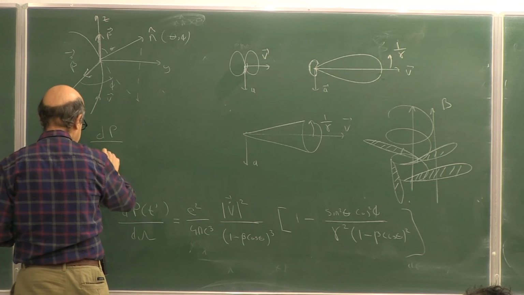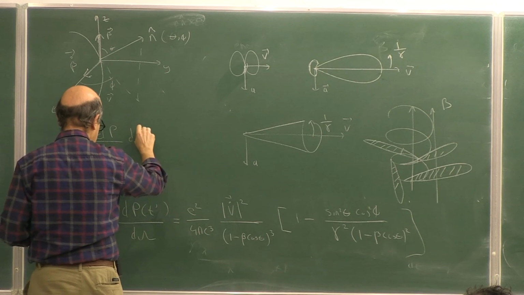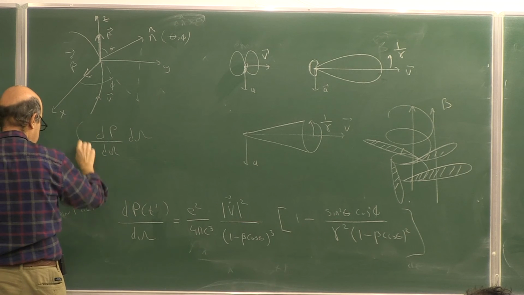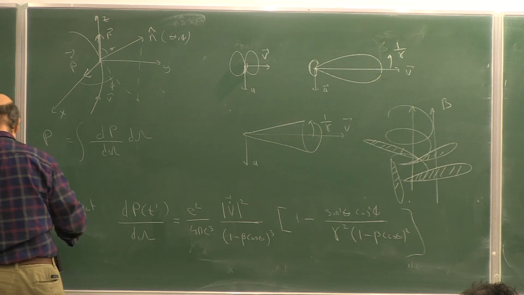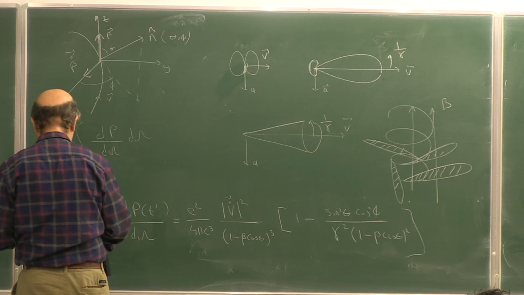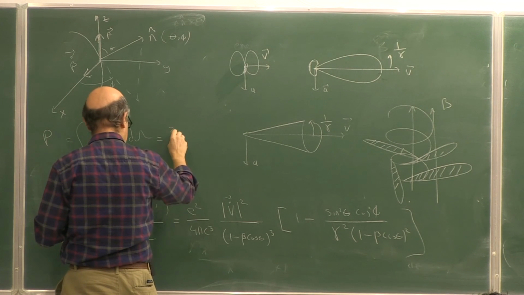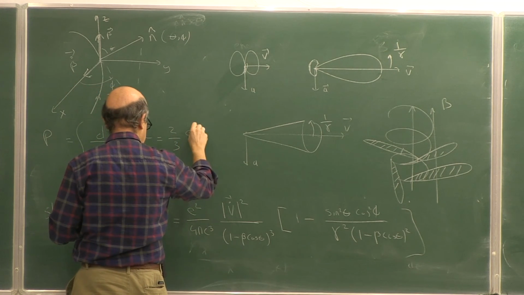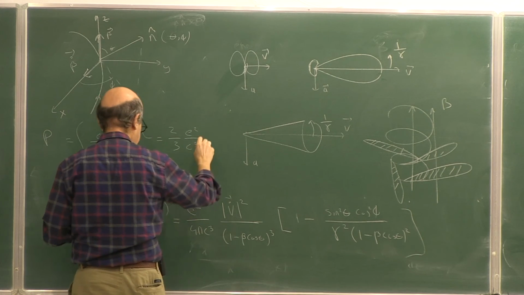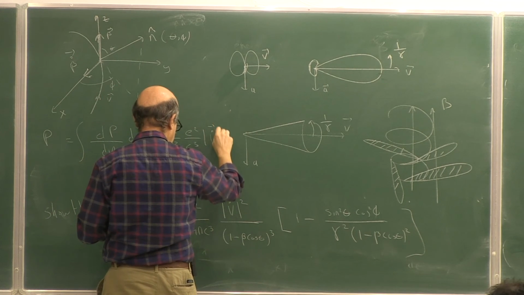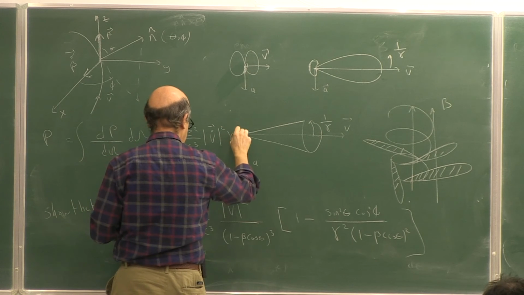If you integrate the power emitted per solid angle over all solid angles, you will find that the total emitted power is 2/3 e square c cube, v dot square, gamma to the 4.